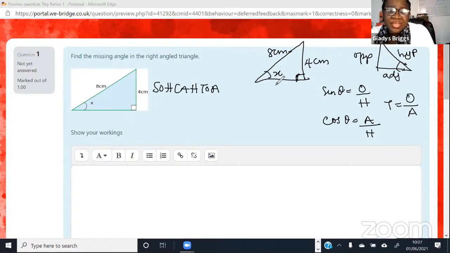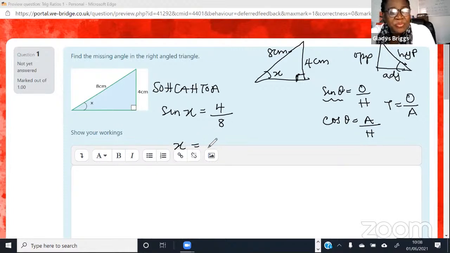All right, so here you've got hypotenuse and you've got the opposite side, so you want to be using sine theta. So sine x, going back to your question now, sine x is equal to opposite, which is 4 centimeter over 8 centimeter. You're not looking for the sine of x, you're looking for x itself.